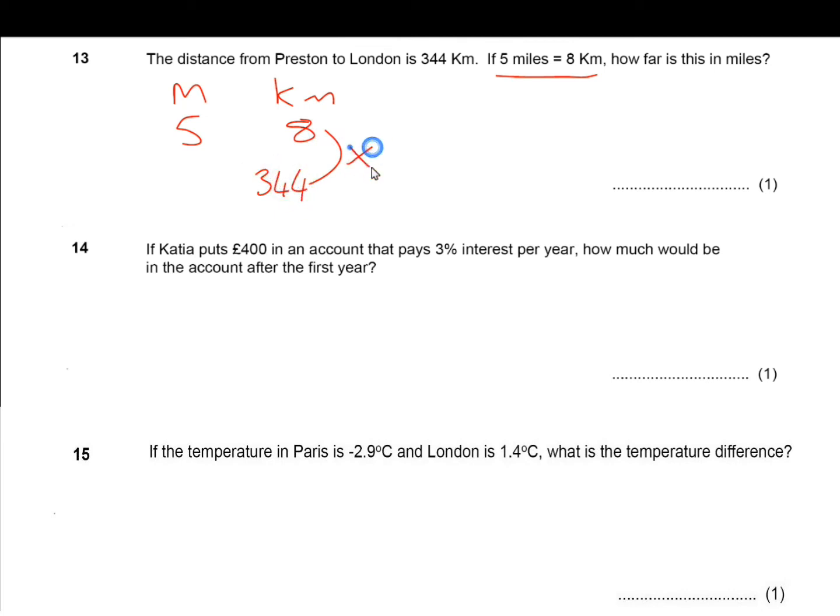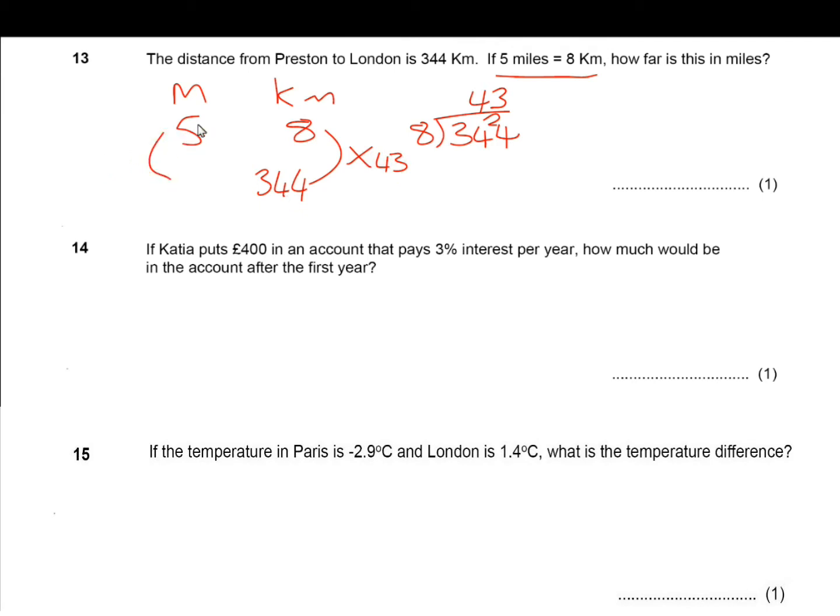So to work out what our scale is, in other words, how do we get from 8 to 344, we need to divide 344 by 8. 8 doesn't go into 3, but 8 goes into 34 4 times, because 8 fours are 32. So that leaves a remainder of 2. 8 goes into 24 3 times. So 8 has been multiplied by 43 to give us our 344.